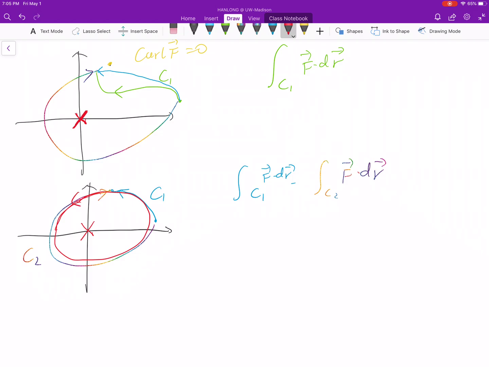What that gives you is just this curve, and then you can deform it to this one, a unit circle. Because then you can have Green's theorem for this part. So this is the integration of the red one, let's call it C3.